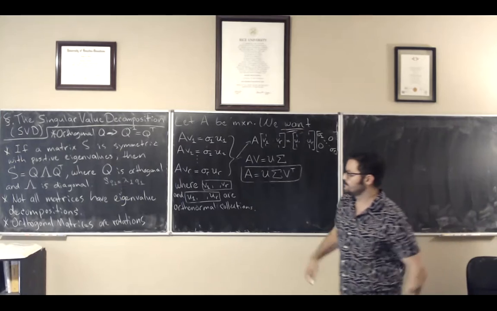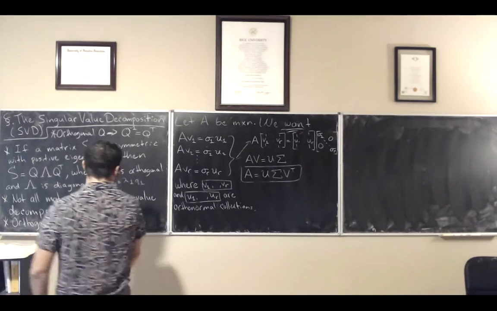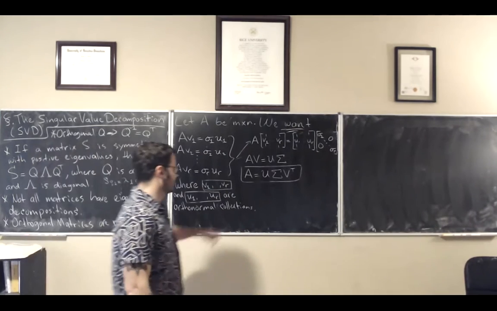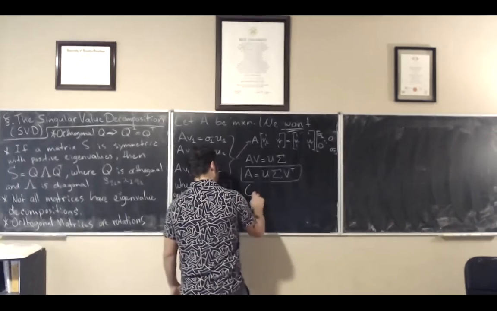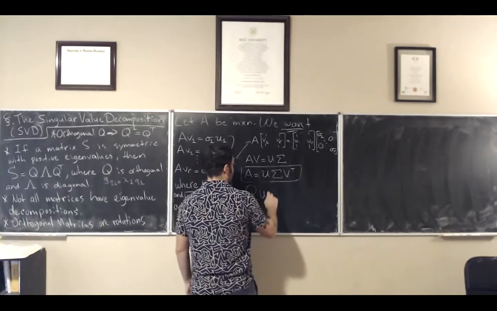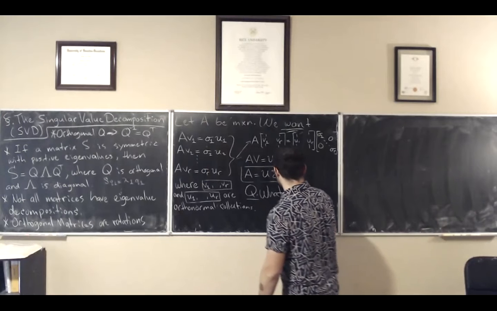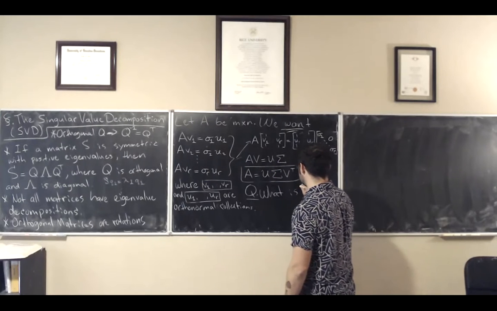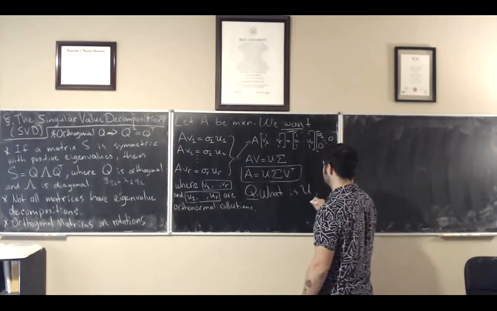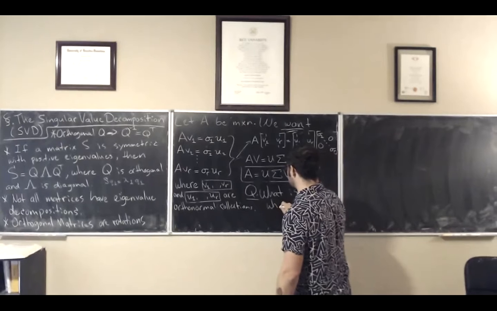So how can we do this? Well, we're going to work backwards. The question we should have immediately is: what is U? What is sigma?